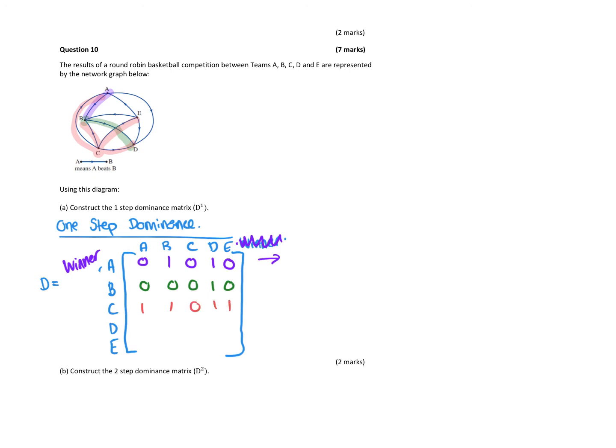And then we go to D. D beat no one. Okay. And E, who did E beat? A, B, and D. All right, so there we go.